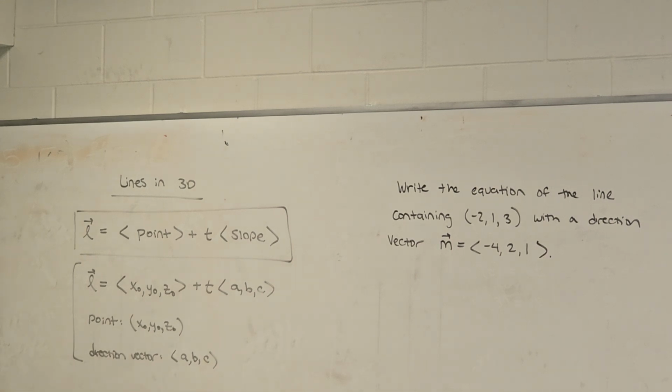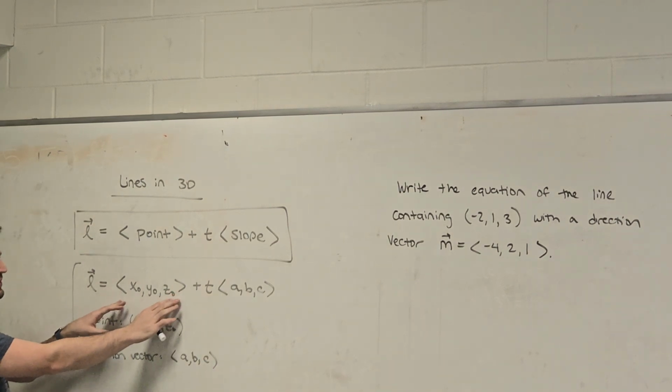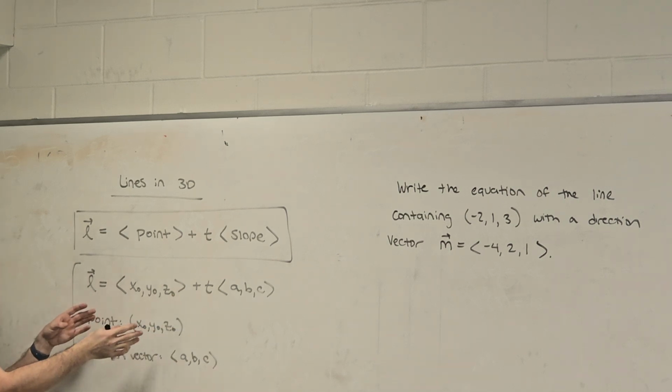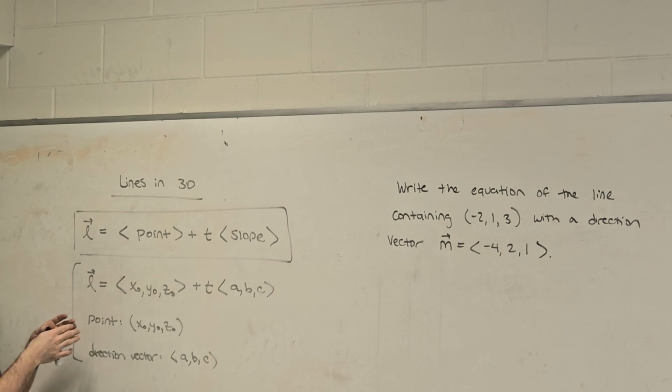This says write an equation of the line containing a point with the direction vector. Looking over to what I just wrote in 3D though, you're like, well, hang on, you wrote the vector brackets. True, we can treat any point as a vector.